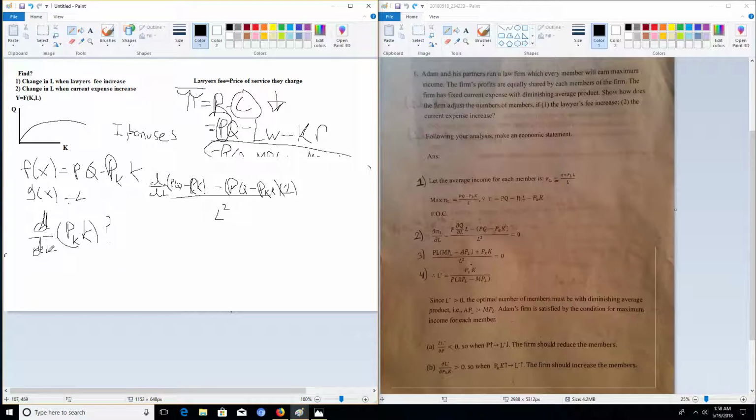What is the change in returns to capital due to a change in labor?